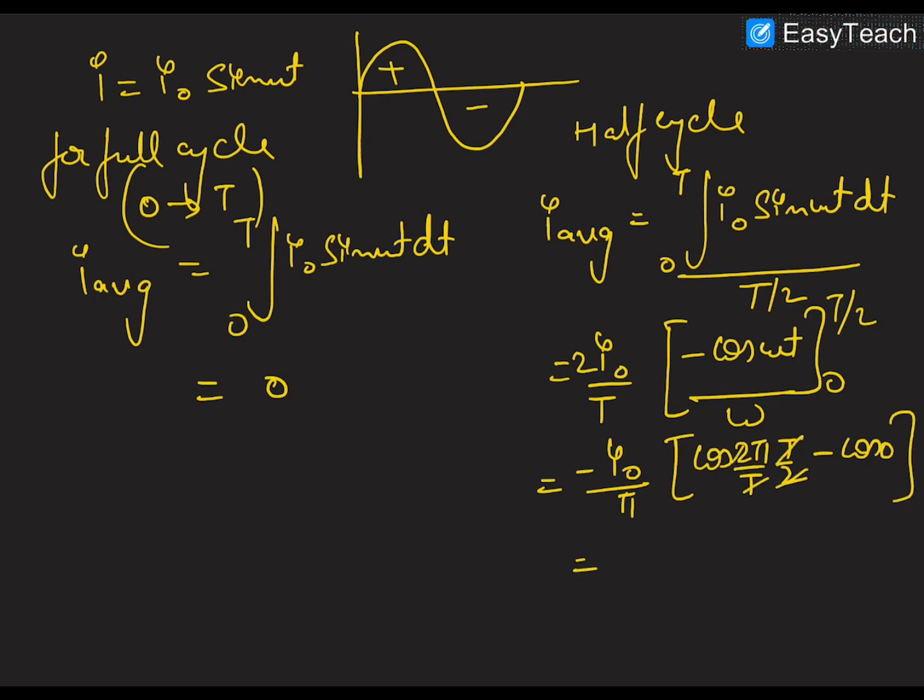Cos pi is minus 1, cos 0 is 1, so it would be minus 2 in total, and it would be plus 2 I naught by pi. So we can say that in half cycle the average value of AC is 2 I naught by pi.